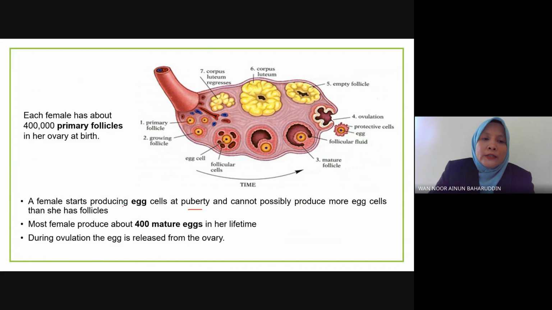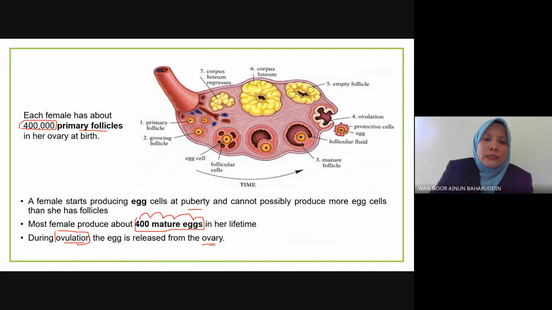There are 400,000 primary follicles, but for the entire life, only about 400 mature eggs are released in her lifetime. Every month, ovulation occurs, where the egg or ovum is released from the ovary through the fallopian tube and so on.